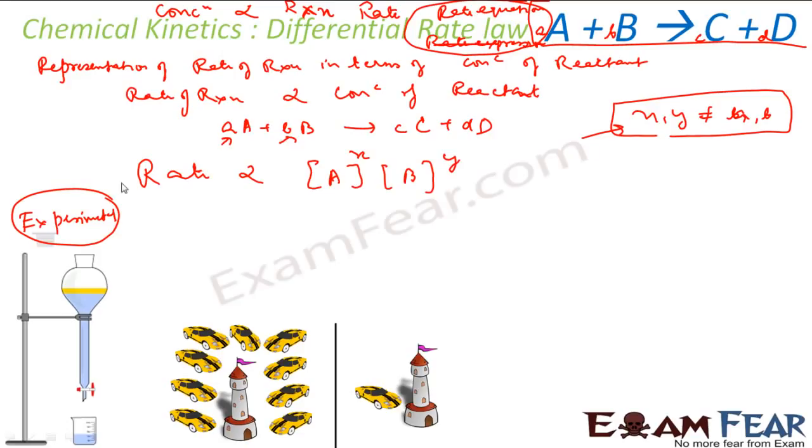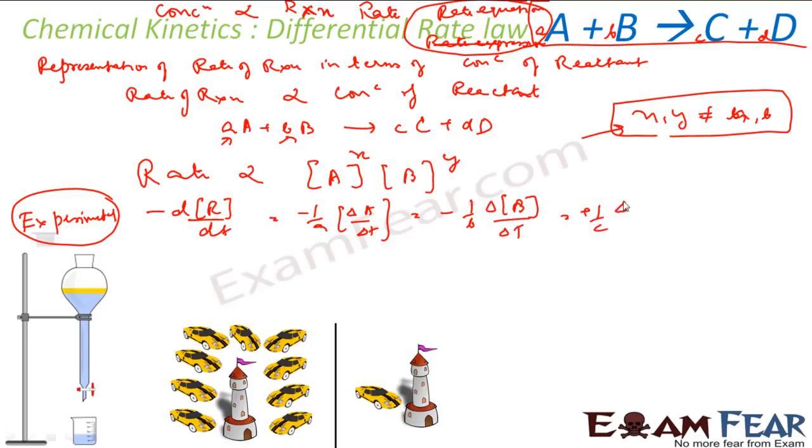And rate, till now what we have seen, rate is nothing but my change of reactant with time, or you can say in this case minus 1 by a change of A by change of t, or minus 1 by b change of B by change of t, or plus 1 by c change of C by change of t, or plus 1 by small d change of capital D by change of t.